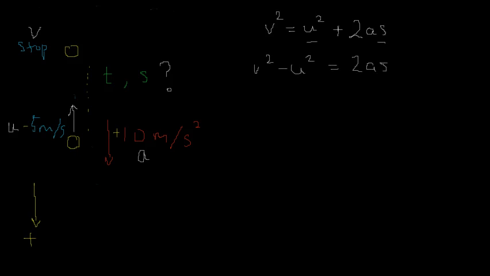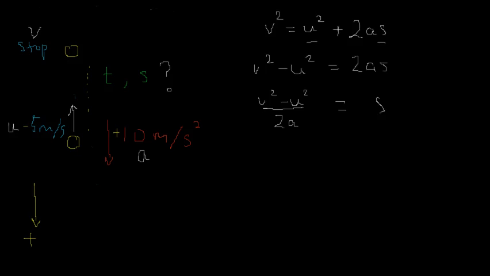Next, just to have S only on one side, I'm going to get rid of the 2A by dividing both sides by 2A. So if I divide both sides by 2A, on the right hand side it's just S now, and on the left hand side I have V squared minus U squared over 2A.